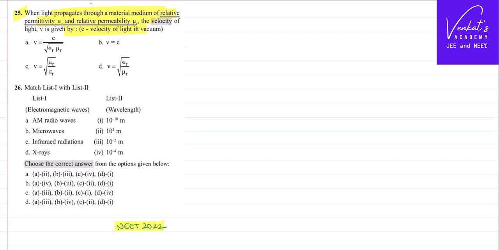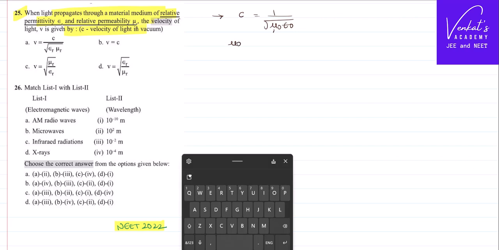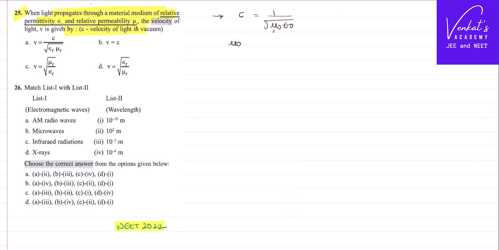To answer this question, we should know the velocity of light in vacuum formula, that is 1 by root of mu naught epsilon naught, where epsilon naught is the permittivity of free space and mu naught is the permeability of free space.